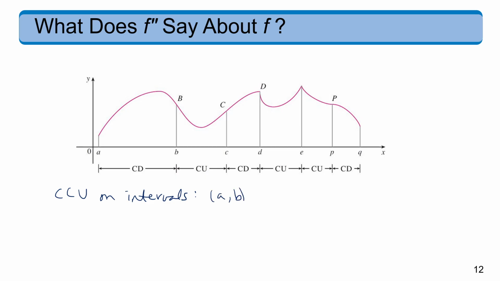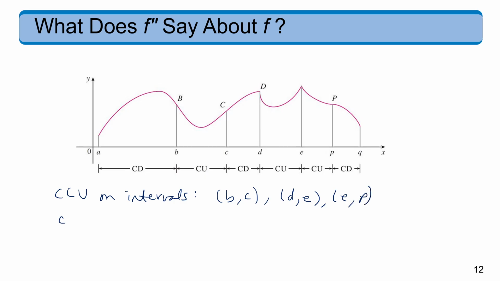So we had A to B. Oh, sorry, that was concave down. The first concave up interval was B to C. And then we had one from D to E and another from E to P.